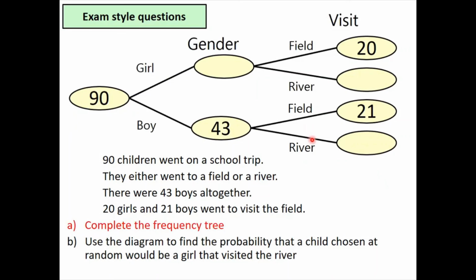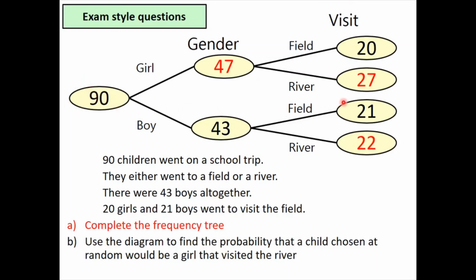Okay, so the answer, as you can see, it's got to be 47 girls and 27 went to the river, because I know that 20 went to the field, adding up to 47, and similarly there. Use the diagram to find the probability that it would be a girl that visited a river. Well, I know the denominator is going to be 90.